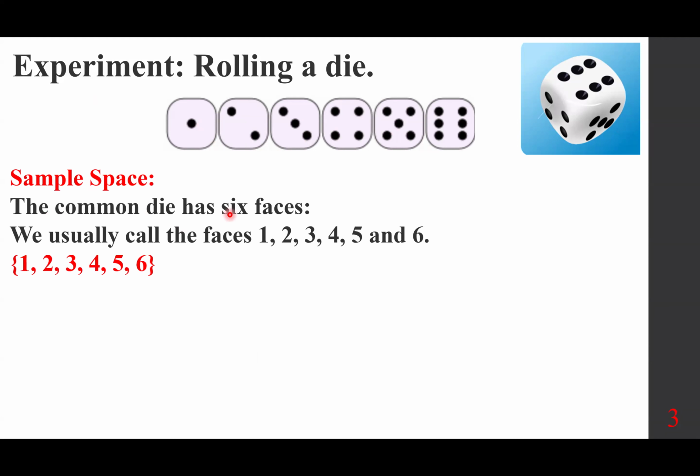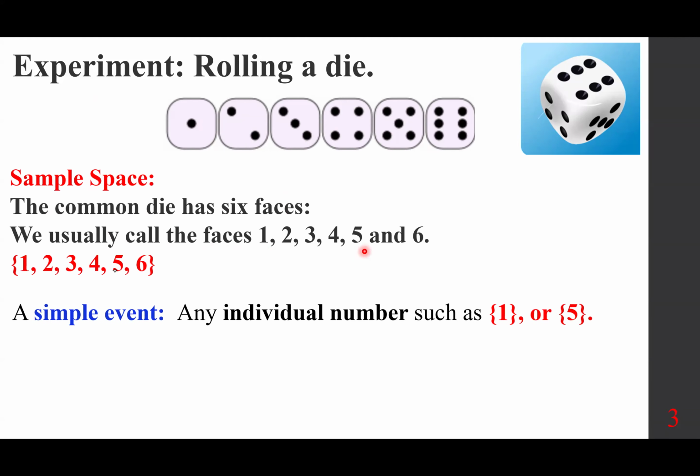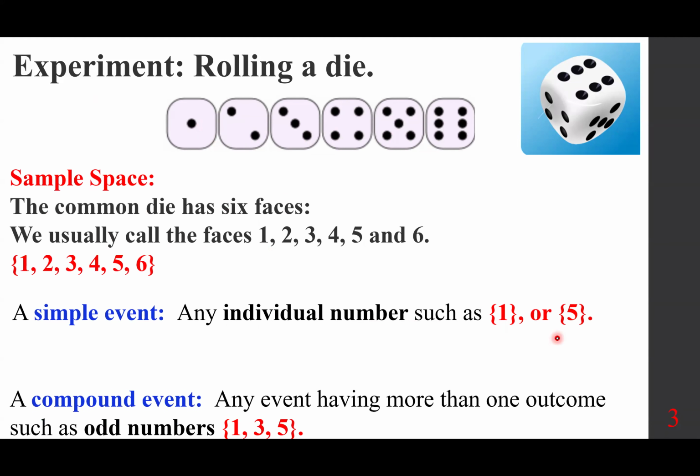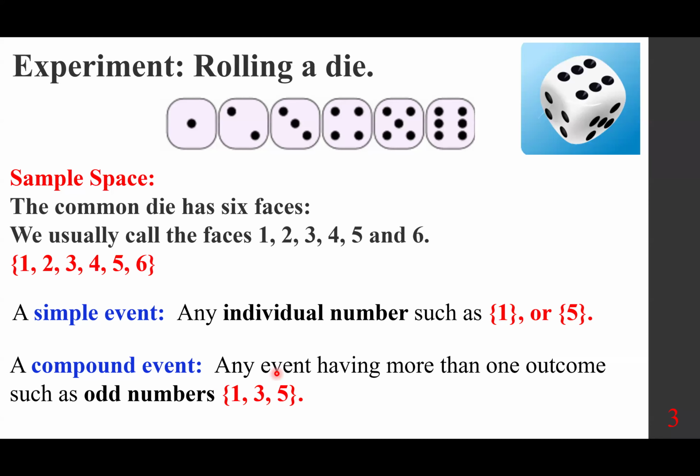The common die has 6 faces. We usually call the faces 1, 2, 3, 4, 5, 6. So that's the sample space. An example of a simple event: any individual number such as 1, 5, etc. A compound event: any event having more than one outcome, such as odd numbers 1, 3, 5, even numbers 2, 4, 6. So those are considered compound events.